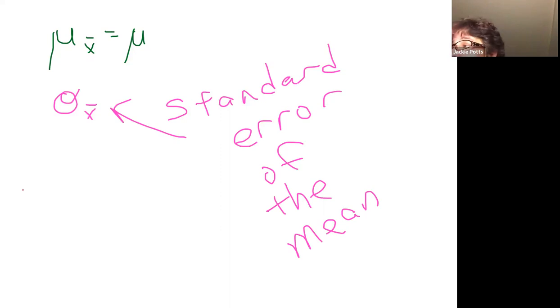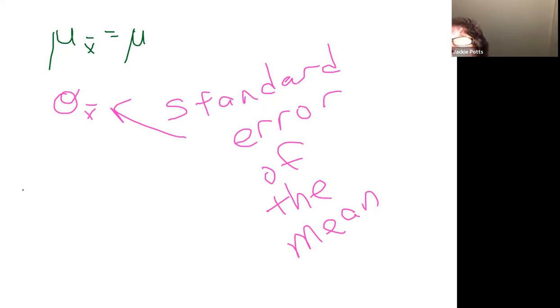Now, what I'm going to tell you, if it looks like a duck, acts like a duck, quacks like a duck, it must be a goose. The standard error, we call it a standard error, but guess what? It really does look, act like a standard deviation, except it's the error of the means. So look at the symbol.